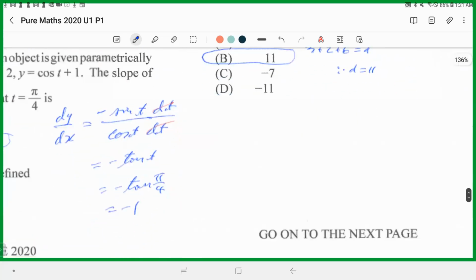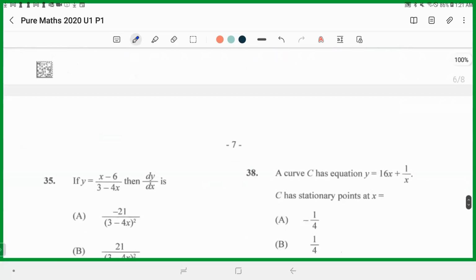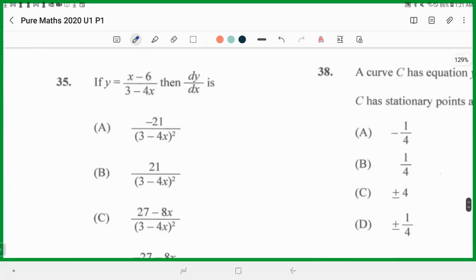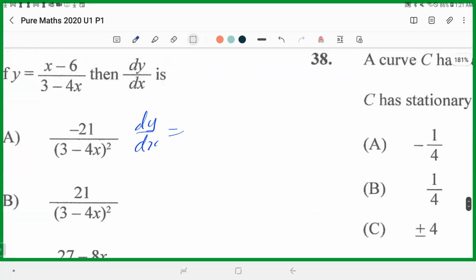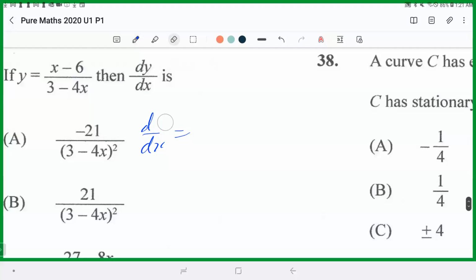34, 35 now. 35. Let's differentiate. I differentiate a quotient: start with the bottom and end with the bottom squared. The dy by dx equals, write the bottom first, which is 3 minus 4x.